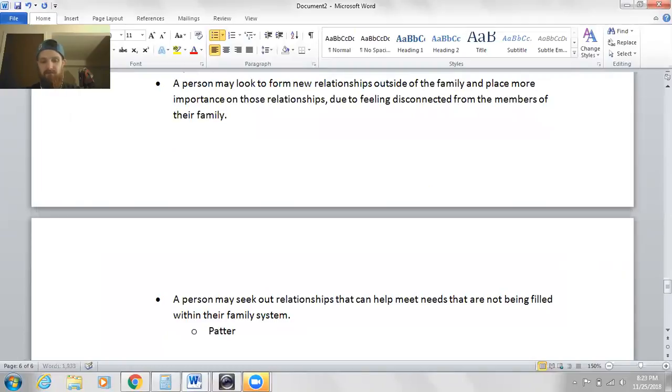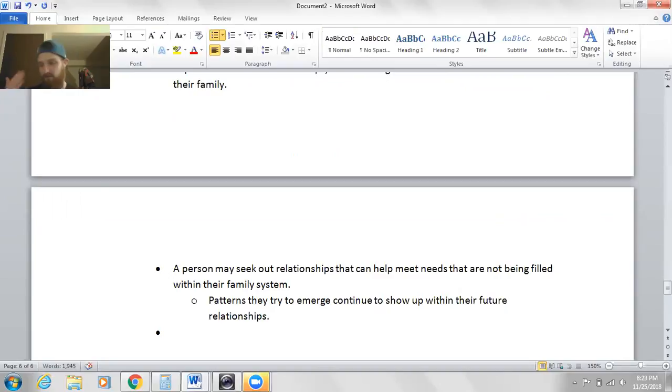So patterns try to emerge, continue to show up within their future relationships. So the emotional cutoff is you cut off yourself from your family and try to get the needs met in other areas, or the opposite. The family tries to take over everyone's needs, which is still maladaptive, but typically we often see that someone distances themselves due to the fact that they don't feel connected or they don't feel comfortable.